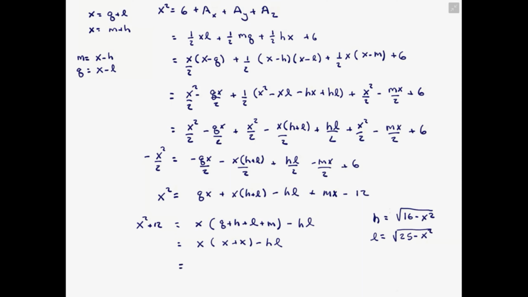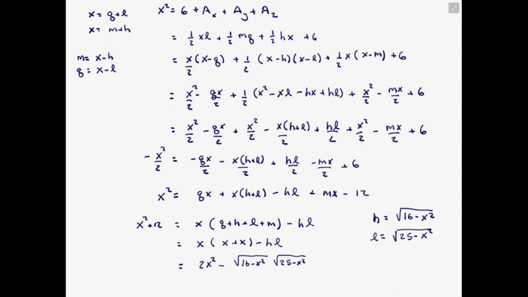And now we have 2x squared minus, okay, all right, equals 16 minus x squared times 25 minus x squared.